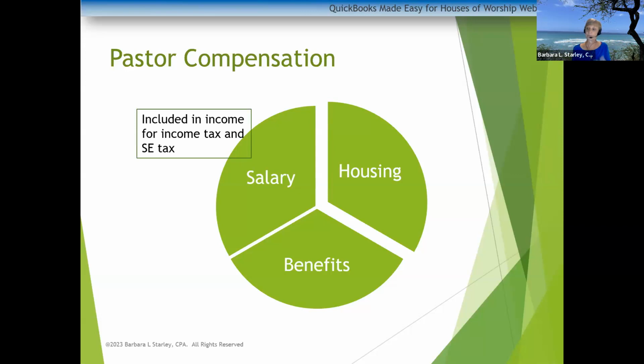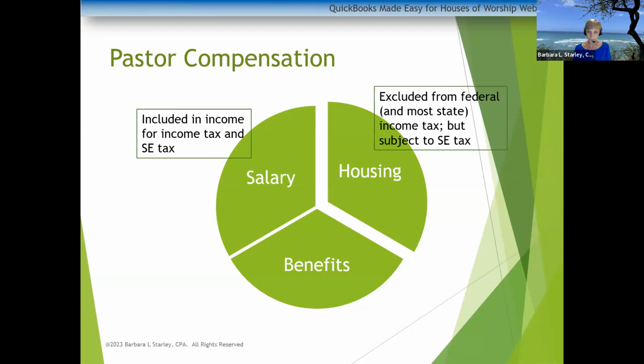So just by way of reminder, the salary portion is included for income tax and SE tax. The housing is excluded from federal income tax and most state income tax, but not all. This is interesting too, because I think it's Pennsylvania where the housing allowance is actually taxable for state income tax. But the housing allowance is subject to SE tax, or SECA taxes.